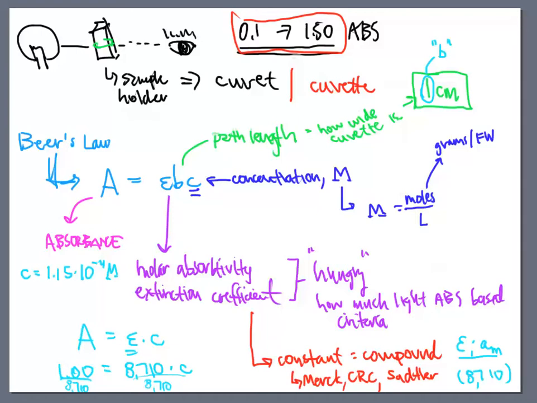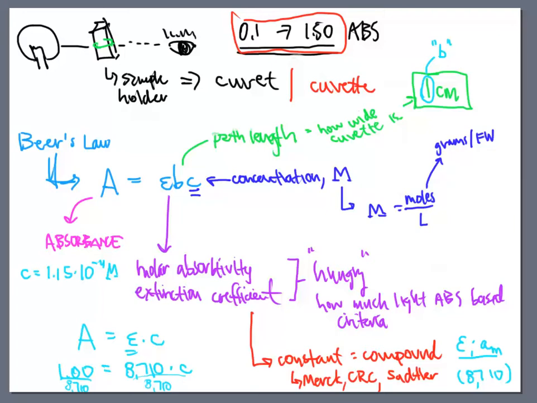Once I know the absorbance that I want to make, once I know the molar absorptivity of that sample that I'm running, and if I assume that my cuvette is a 1 centimeter every single time, then I take my absorbance and divide it by my molar absorptivity to get my concentration.